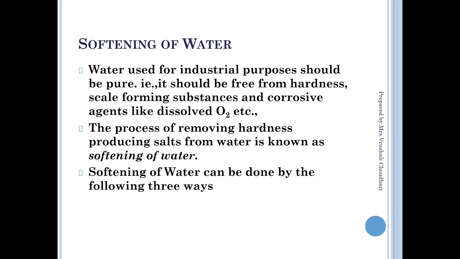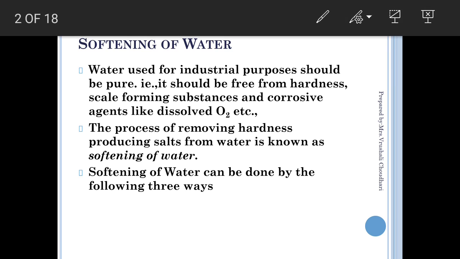The process of removing hardness producing salts from water is known as softening of water. It can be done in the following three ways. In the softening process, we remove hardness causing salts by three different processes.